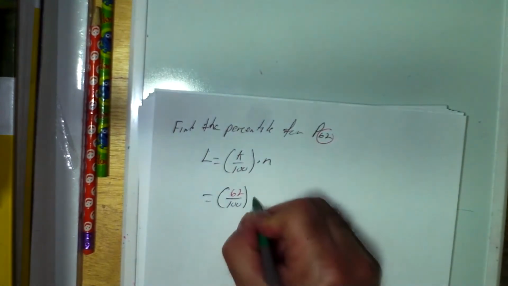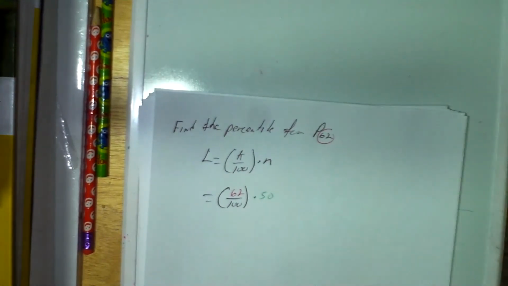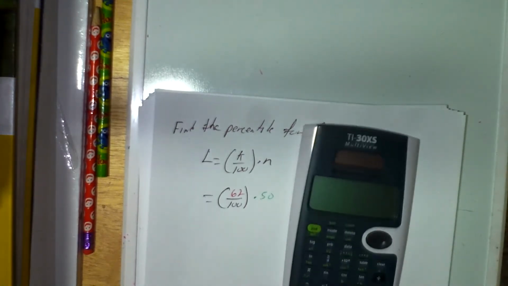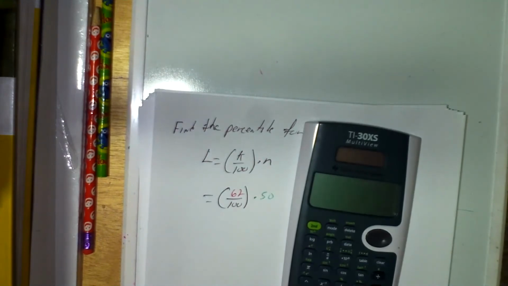I had 50 data on that yellow box. So I'm going to compute it. You can use parentheses, you don't have to. It should work either way. 62 over 100 times 50.